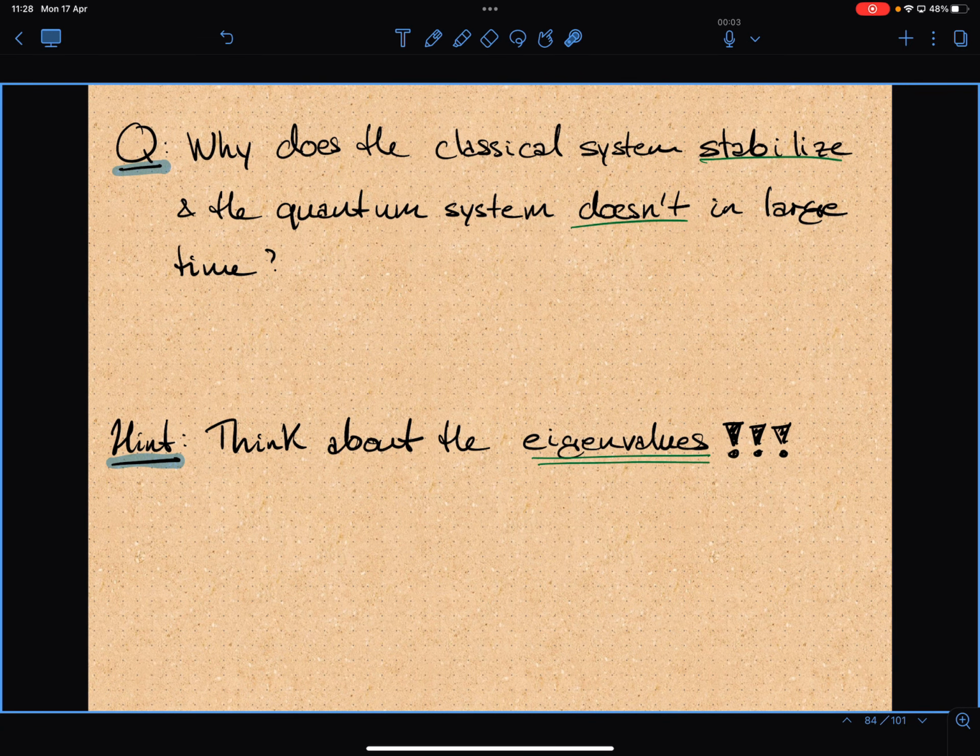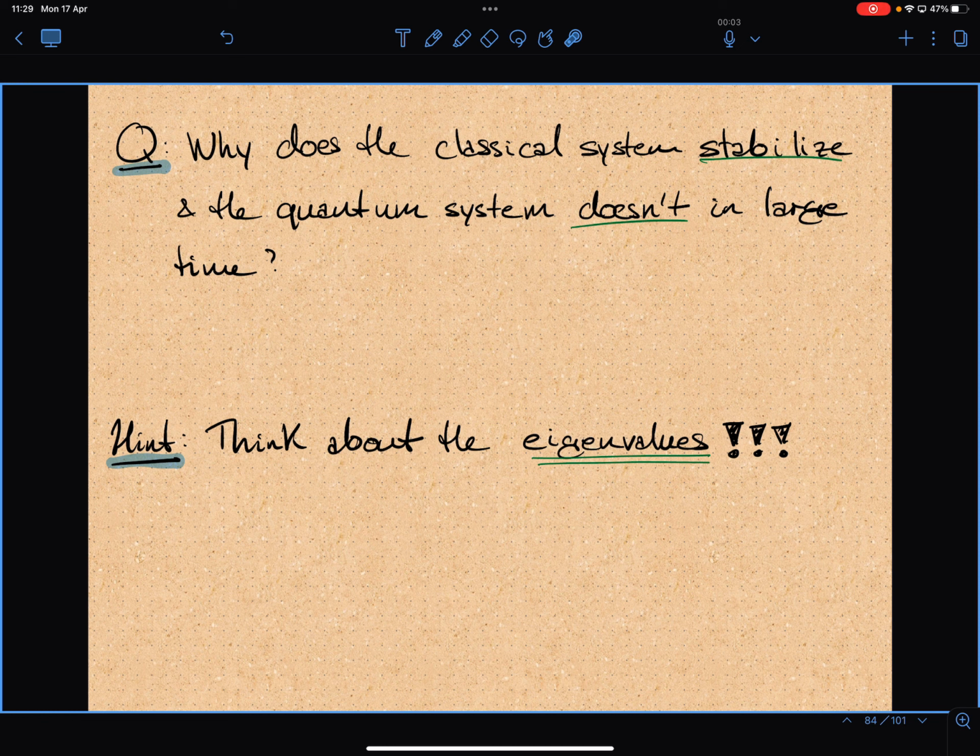And while we're doing this computation, something to think about and reflect on is what is happening in these two systems. What's the difference that gives the random case some stability as time goes to infinity versus the quantum case where we don't have stability and we have fluctuations? Why are the two systems qualitatively different?